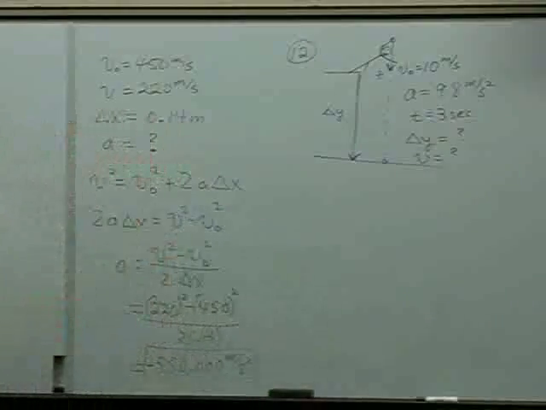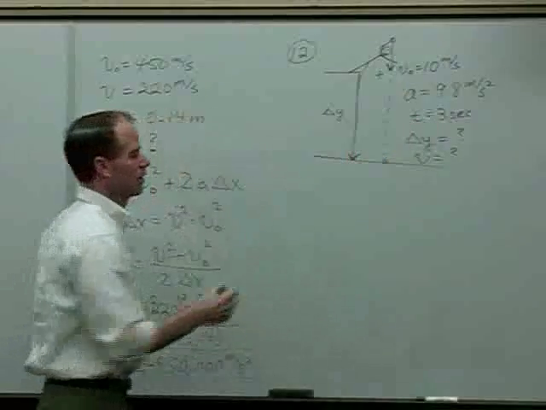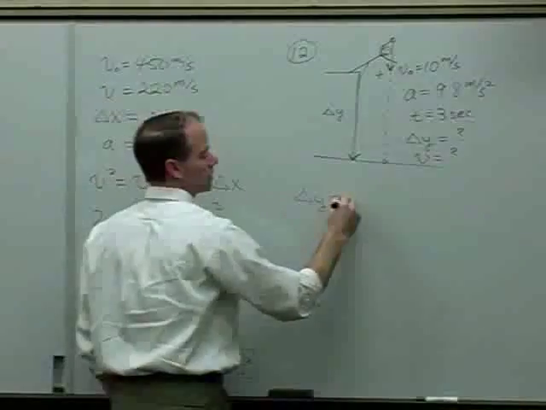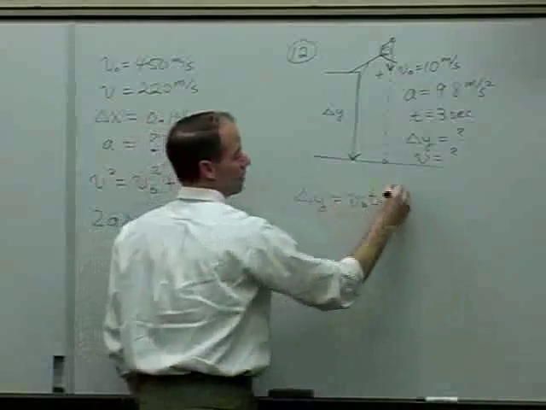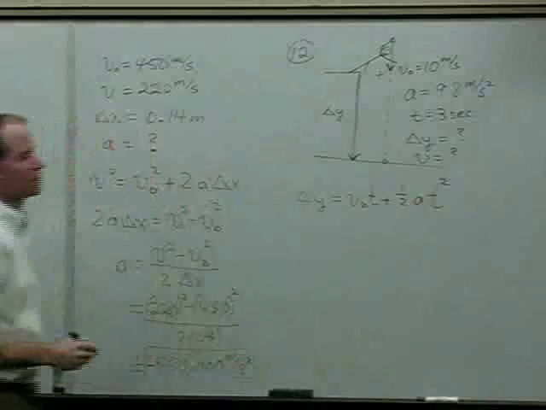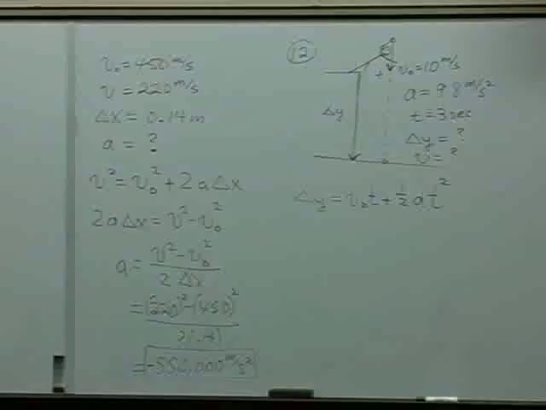All right, so let's go back to the idea that we got 3 of them and we want the 4th. And so we have displacement y equals initial velocity times time plus 1/2 acceleration times time squared. That's my formula, and if I were to work out these problems, I would start with the formula, whatever formula I want to start with.